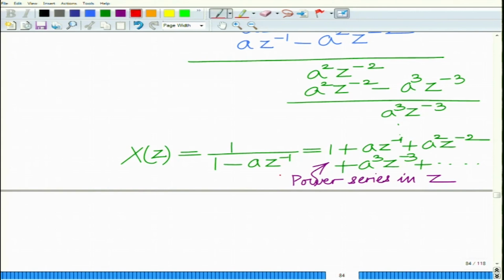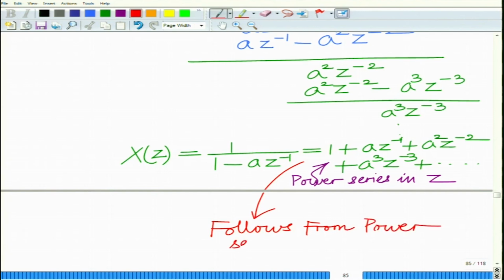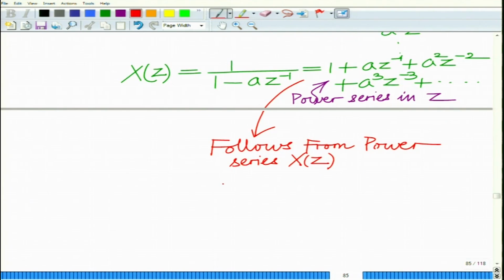So it follows from the power series of X of z that x n equals a raised to n u n.